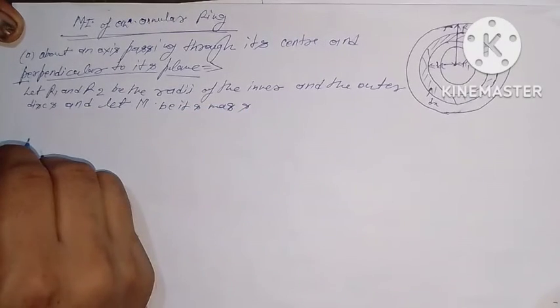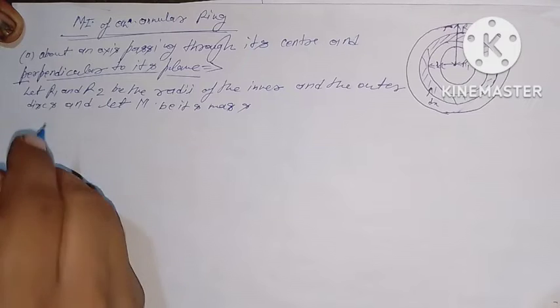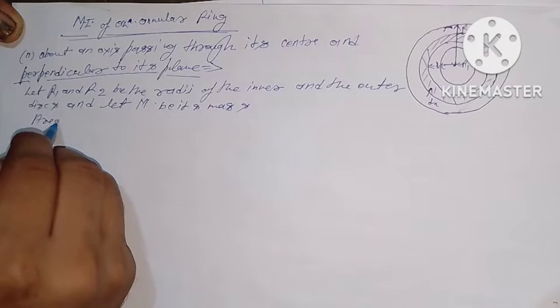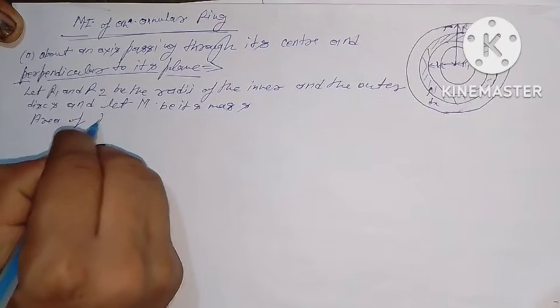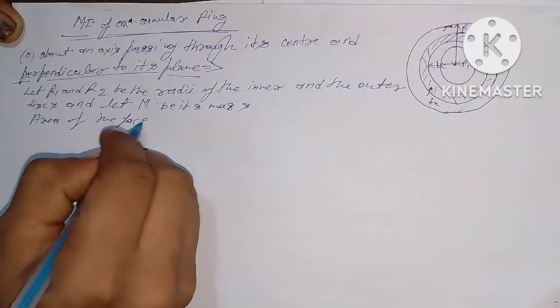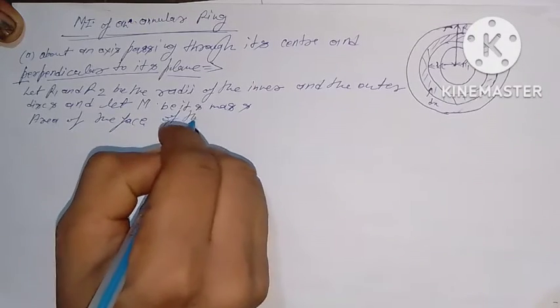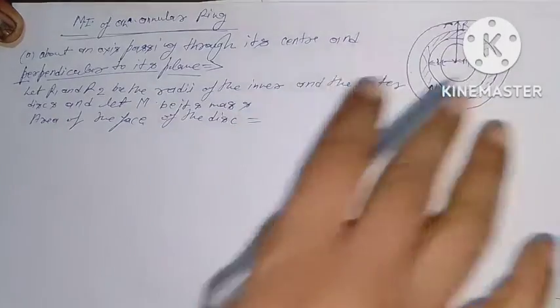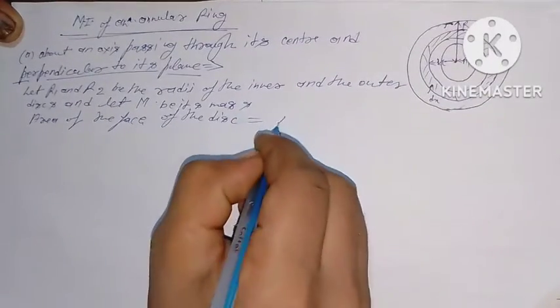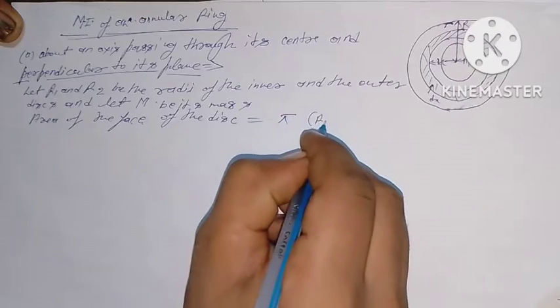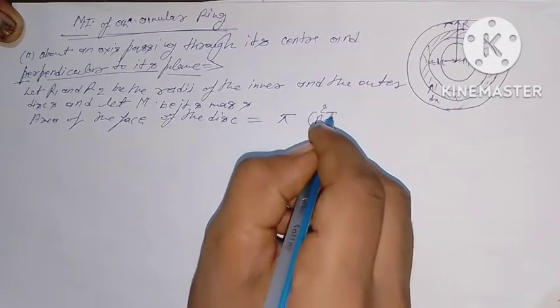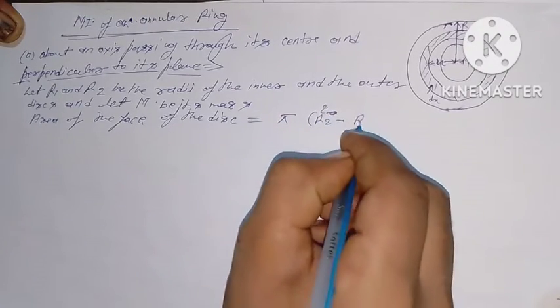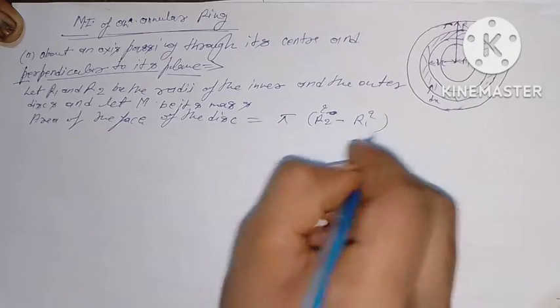Area of the face of the disc is pi (R2 square minus R1 square).